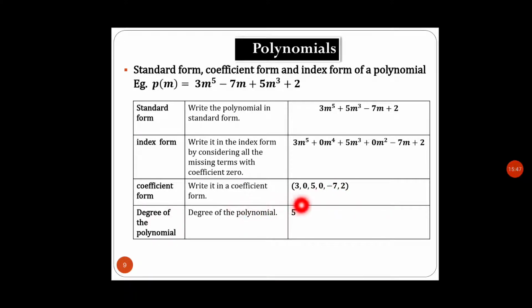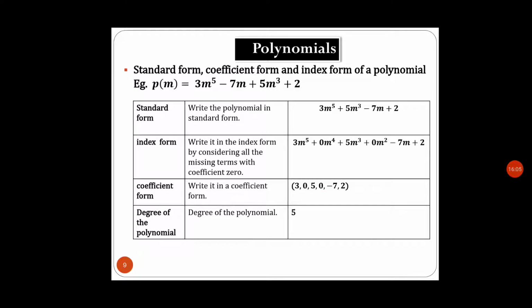The degree of the polynomial here is 5, the highest term. In the coefficient form, how many numbers are there? 6, means it is degree plus 1. Here degree is 5 plus 1, it is 6. There are 6 numbers. Okay.